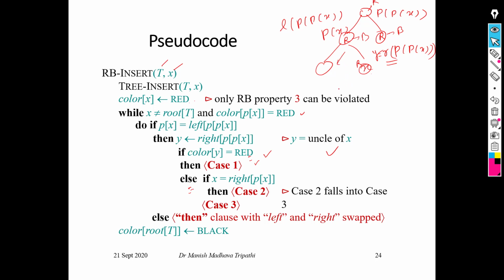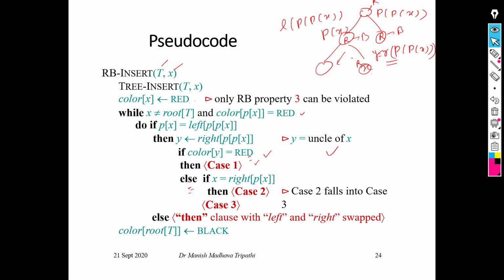In case number 2, x is the right child of its parent. What we do in case number 2 is simply rotate x with respect to its parent. That means case number 2 does not solve the problem of the red black tree.